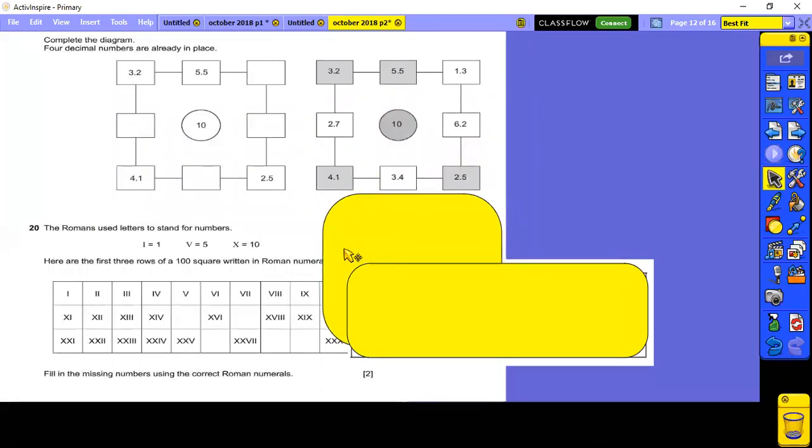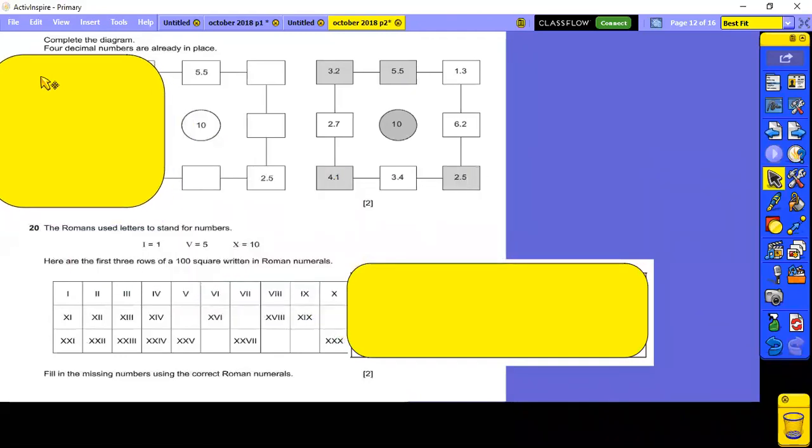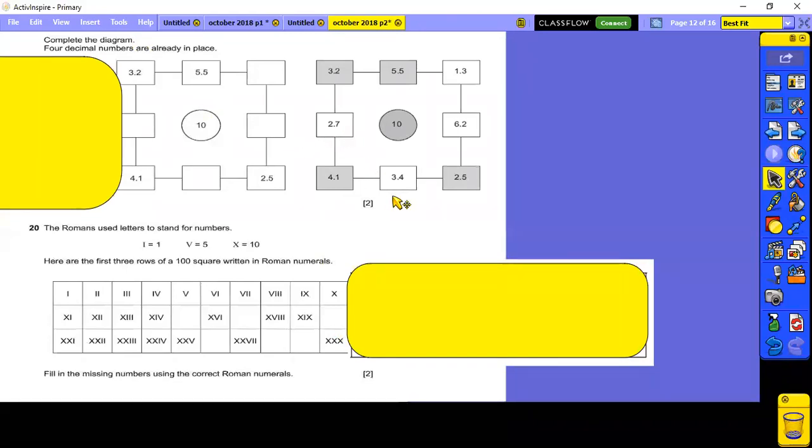The one down is 3.4, yes. But this one, you should tell me, was this your answer here? 2.7 and 6.2? Yes, this is the right answer. Okay, thank you, dear. So here the answers are 2.7, 3.4, 1.3, and 6.2. You make sure using the calculator that the total is 10.